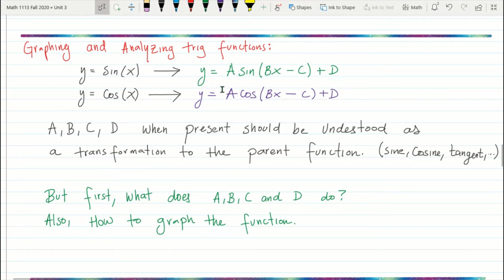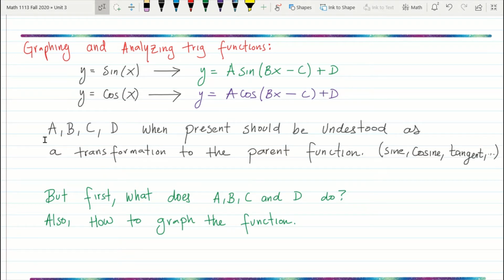So here we have a times sine, there could be a b, or a number, times x, plus or minus some number c, and then outside of the parentheses, plus or minus some number d. And that can happen again even with the function cosine, right? So a, b, c, and d are just numbers. They can be any real number, right?